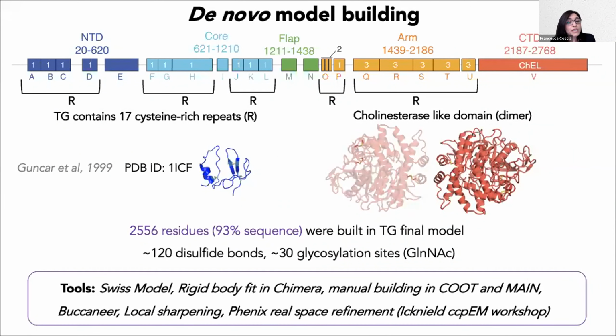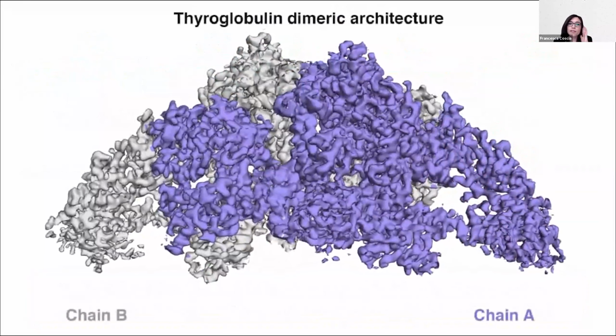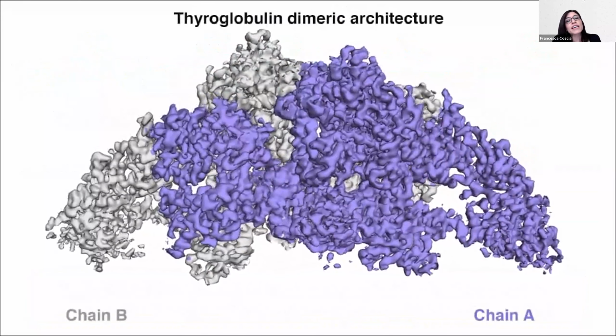So using a combination of tools, many of which I learned at the CCP-EM workshop, we managed to build 93% of the sequence, and this giant dimer has about 120 disulfide bonds and more than 30 glycosylation sites. So here is an overview of the thyroglobulin dimeric architecture.